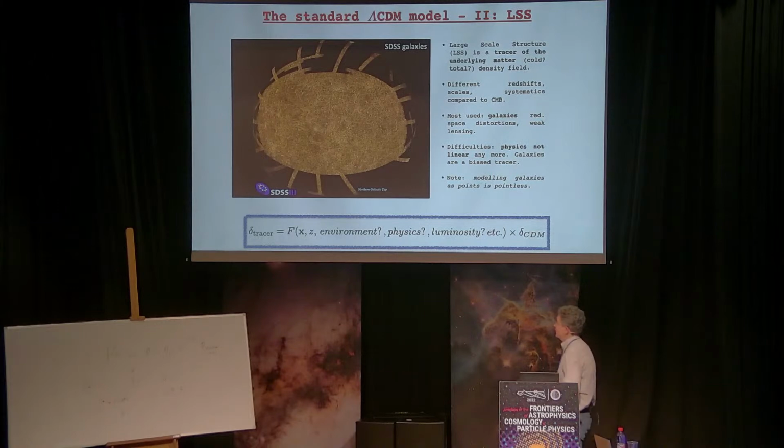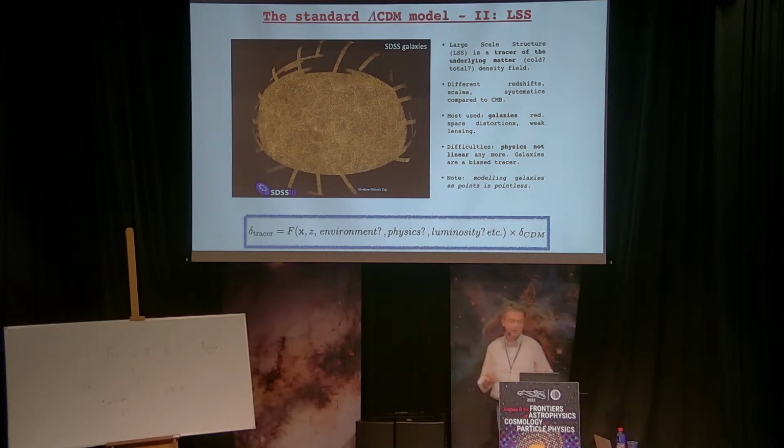And of course, this is a bit more difficult problem compared to the one before, because while before you have simple, in a way, linear physics describing your observable, your multipole structure, here the situation is a bit more complex, in the sense that it's very silly to consider galaxies just as points that are tracing the underlying dark matter distribution.